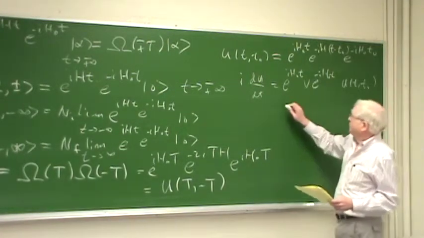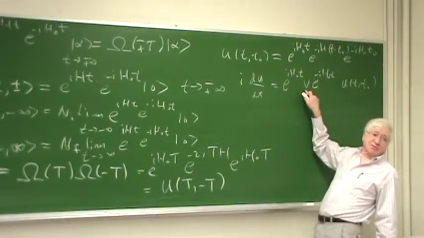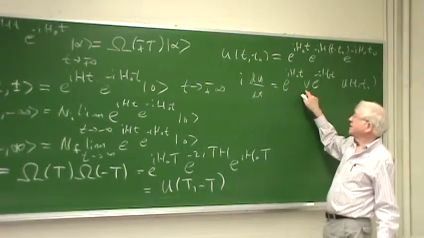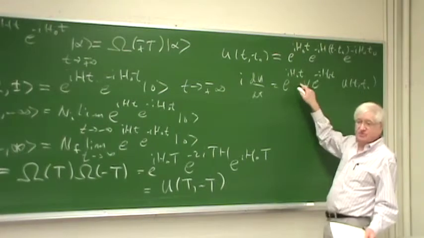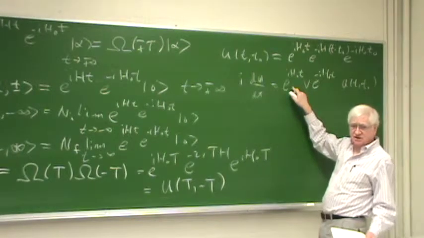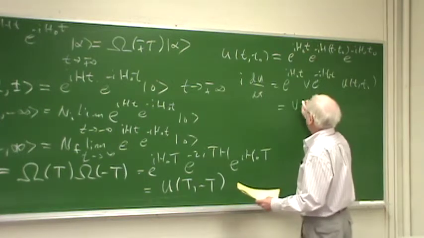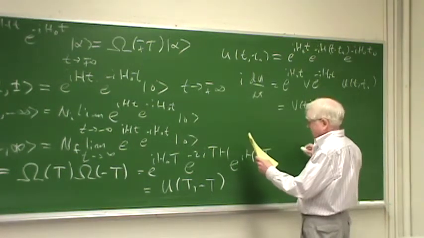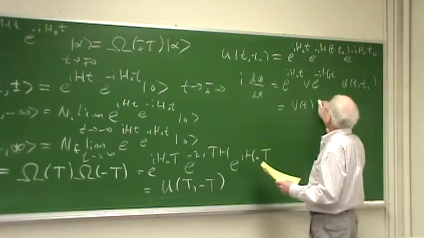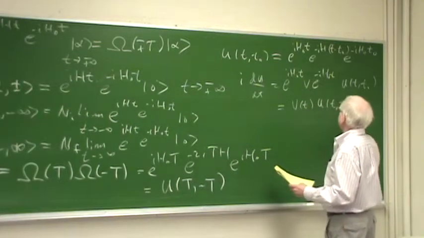And then we call this the interaction, but it's the interaction with the free field time dependence, or the time dependence of the free Hamiltonian. So we call that V of t. One might put a 0 on it, and then U of t and t0.